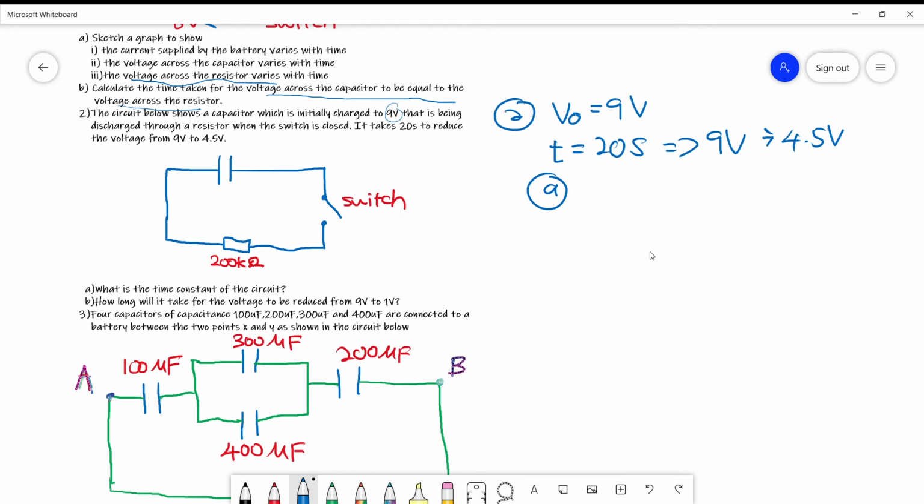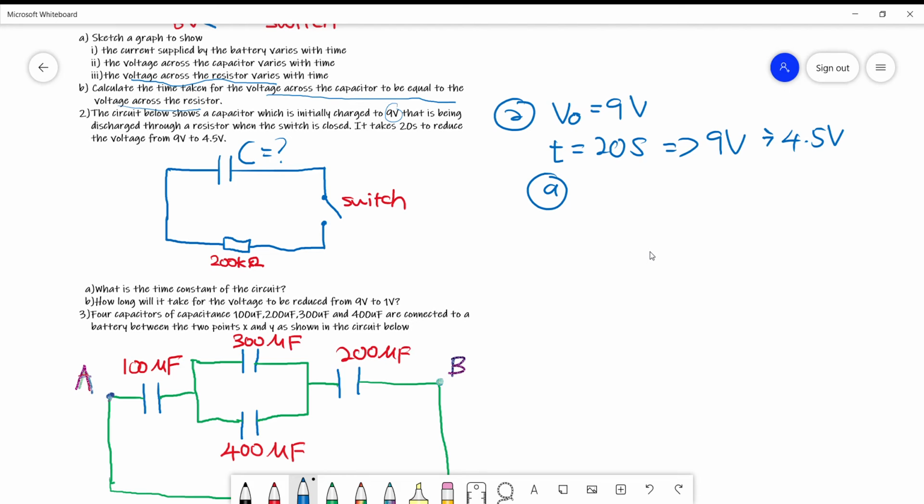What I need to find is C, but I do not have my C here. Let me just observe the question again. The circuit shows a capacitor which is initially charged, being reduced. Alright, I have the idea.